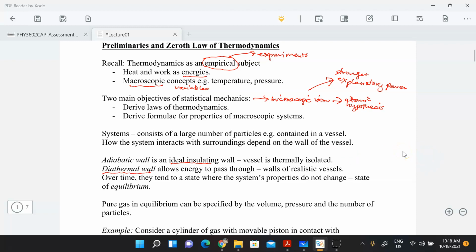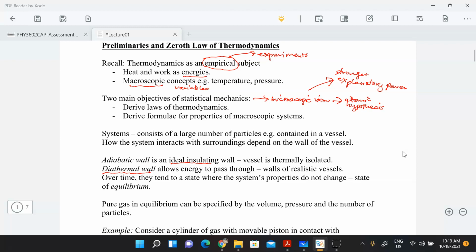So what happens in this particular case, we consider these systems, and then over time they may have what we call interactions with the surroundings, okay, and then they go to some equilibrium state together with the surroundings.